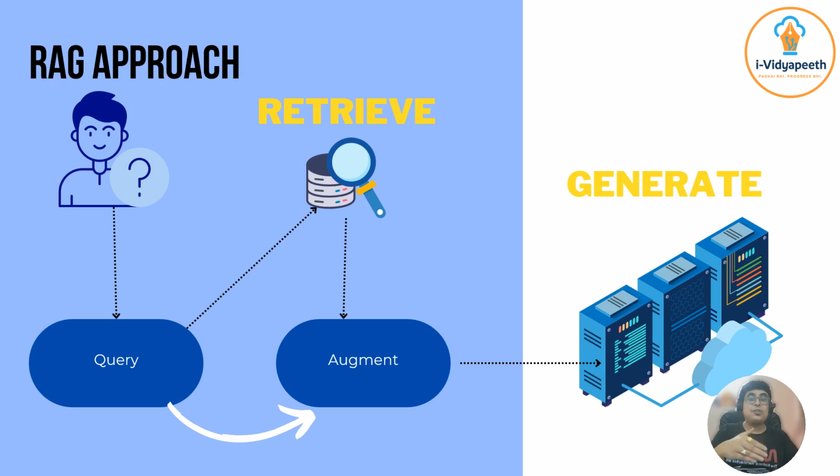It can also run SQL queries on a relational database, or query a NoSQL database. So basically, retrieval means there is some system internally that, based on your query, retrieves the information.